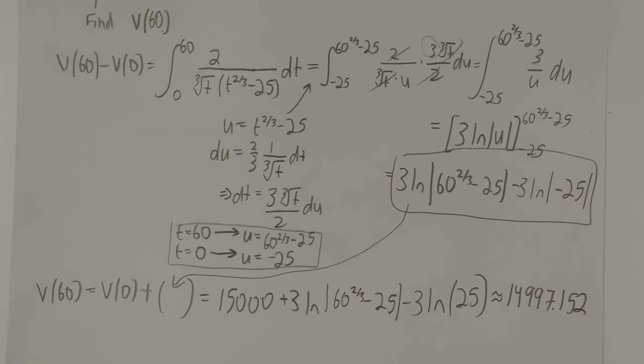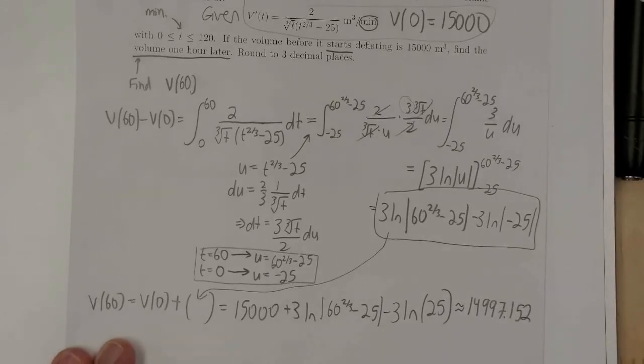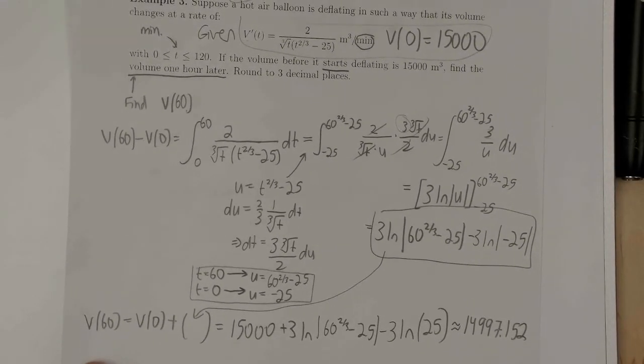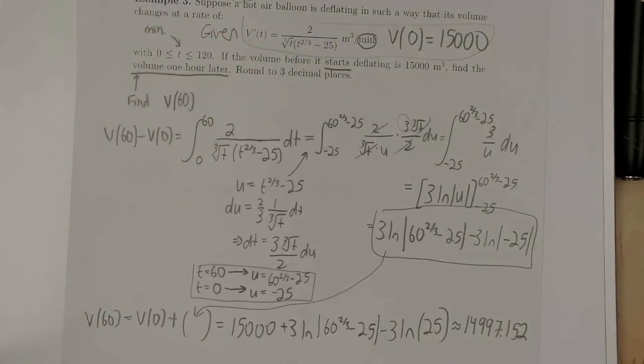And if you take a look at the units in the problem, then what should that indicate about the units that we need to have in our final answer? So if v prime of t is in cubic meters per minute, then what should that tell you about the volume that we need to have at the end of the day? It needs to be in units of what?